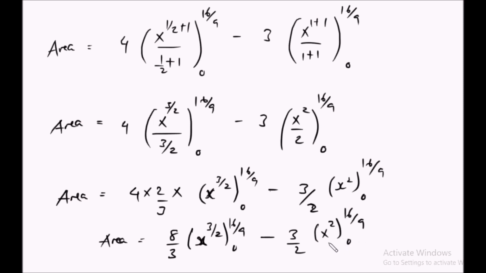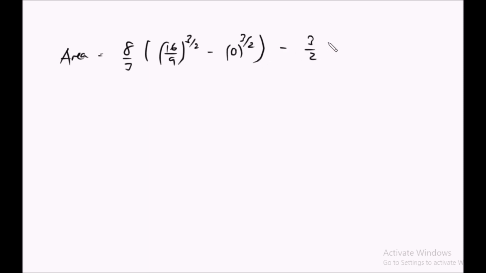So now it's time to insert these limits of integration. So we insert the limits, the area will be 8/3 times 16/9 power 3/2 minus 0 power 3/2, minus now 3/2 times 16/9 squared minus 0 squared.